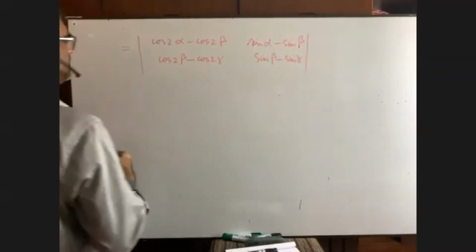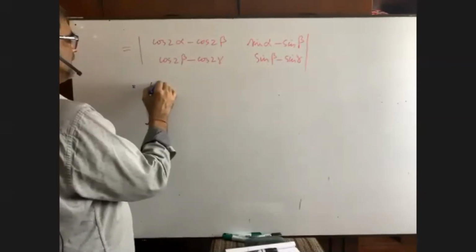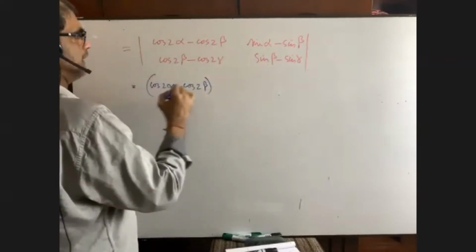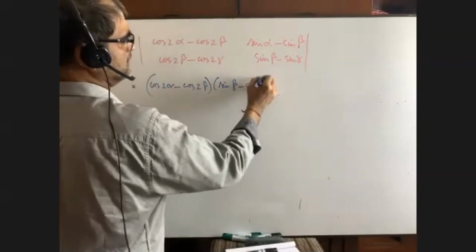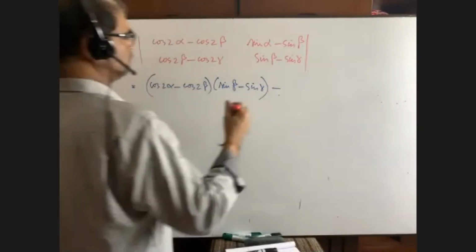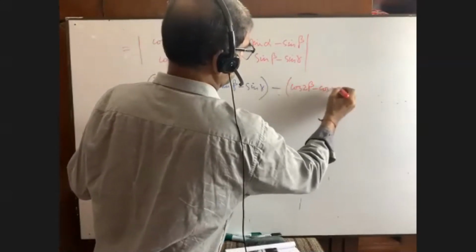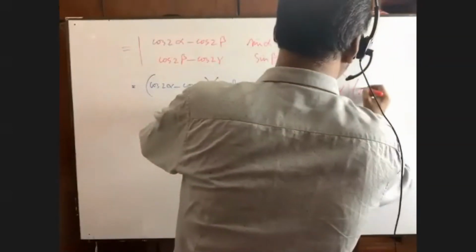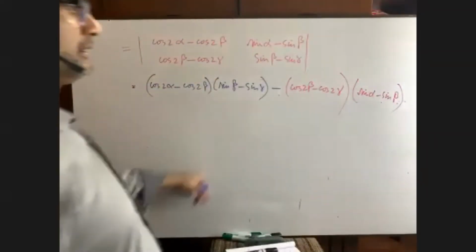So we can do one thing from here: cosine 2 alpha minus cosine 2 beta into sine beta minus sine gamma, minus cosine 2 beta minus cosine 2 gamma into sine alpha minus sine beta. It is our math now.